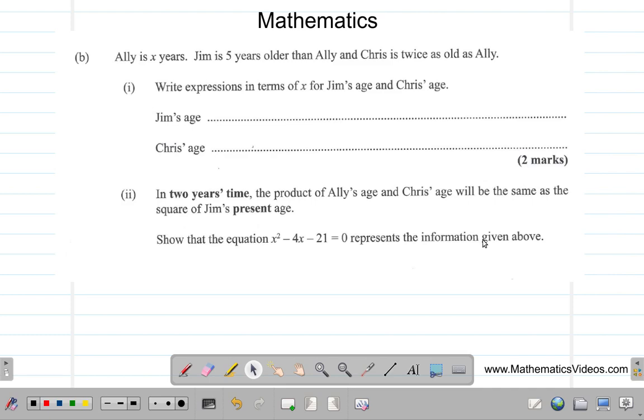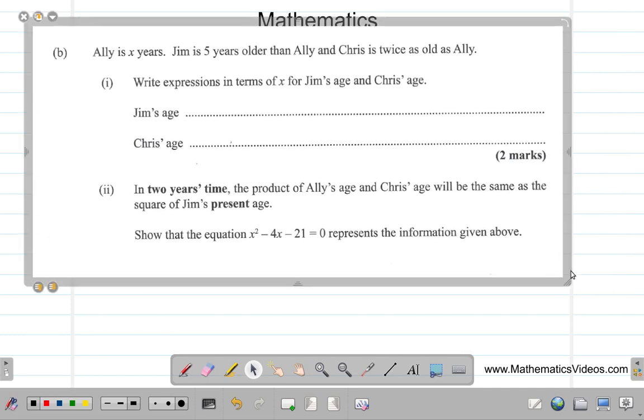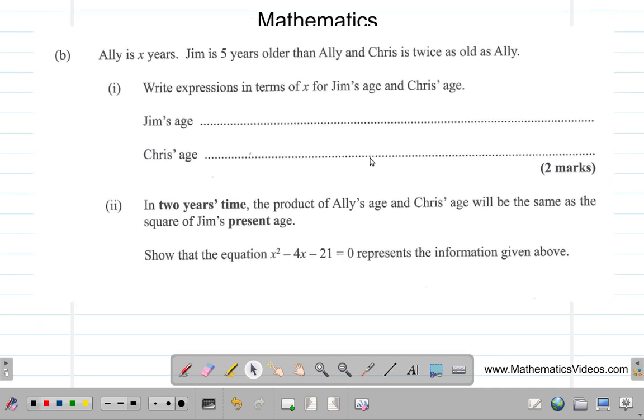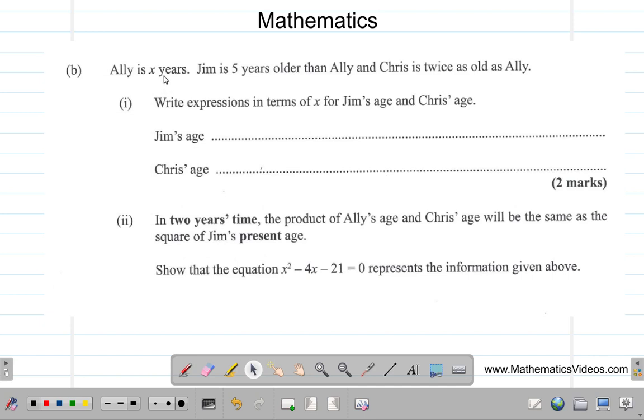So what do you have now? They say Ali is X years old. Alright? Jim is 5 years older than Ali. And Chris is twice as old as Ali. You must write down expressions in terms of X for Jim's age and Chris's age.